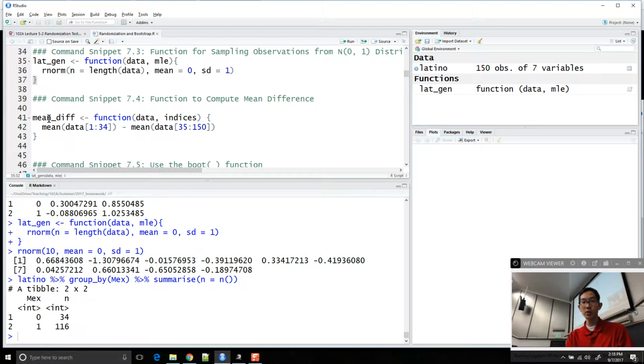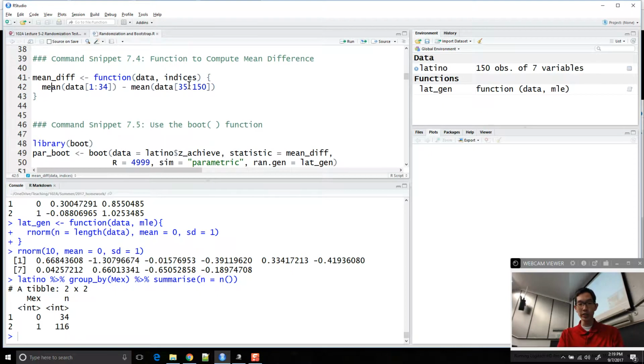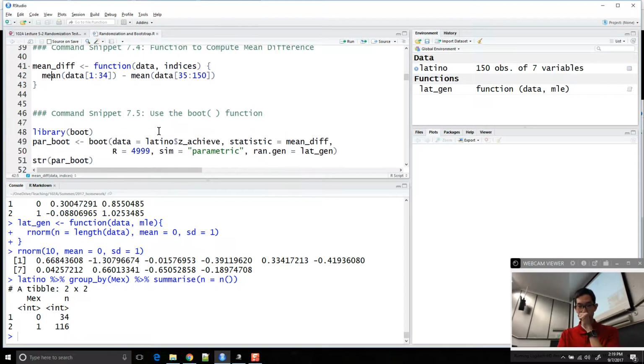Okay, and so we're going to create a function to calculate the mean difference of our data, given a set of indices. Indices here is kind of our randomized thing, which we need when we use the bootstrap function.